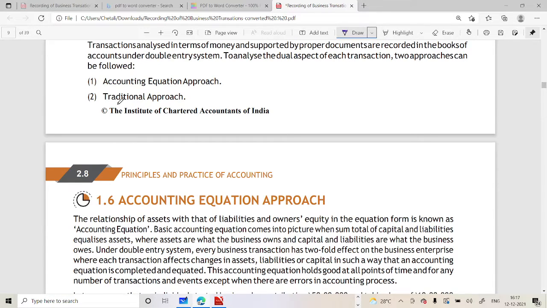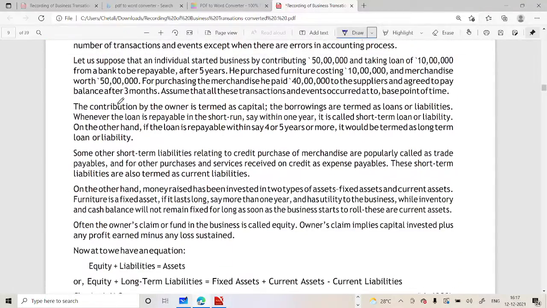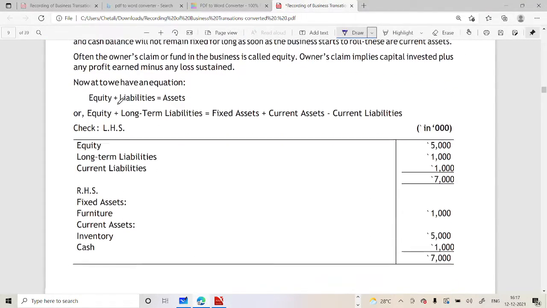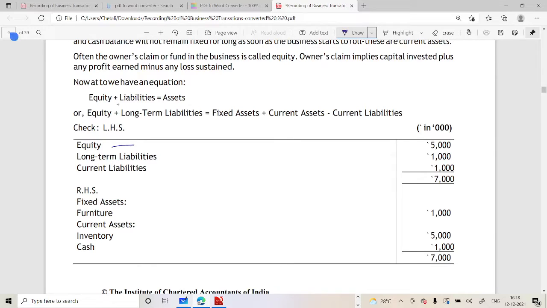Accounting equation approach, traditional approach. This is the structure of a balance sheet that we see in our business: equities, long-term liabilities, then current assets.